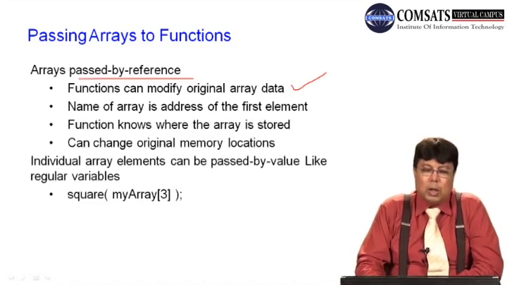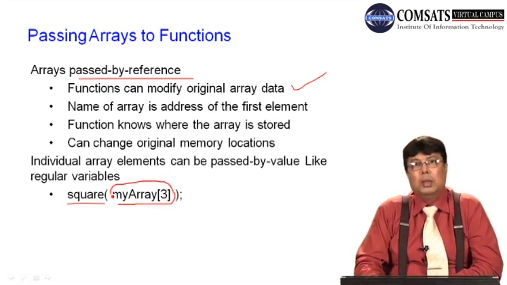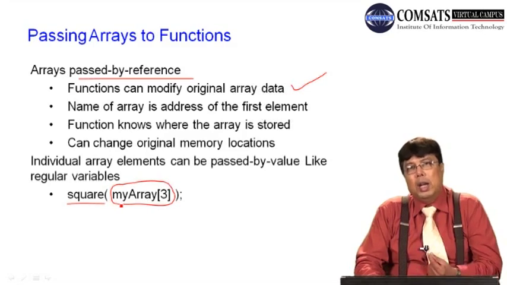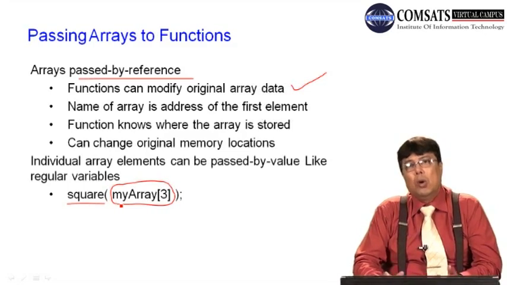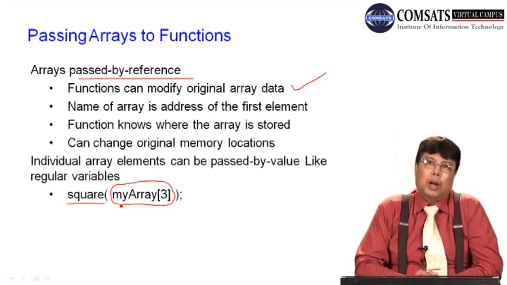So if you want to pass just one single variable to a particular function, for example, in this example we have used the function and we are passing one single element. It is just like an ordinary variable. So we can pass a single element of an array as an ordinary variable, and we can pass the whole array back to our calling function.